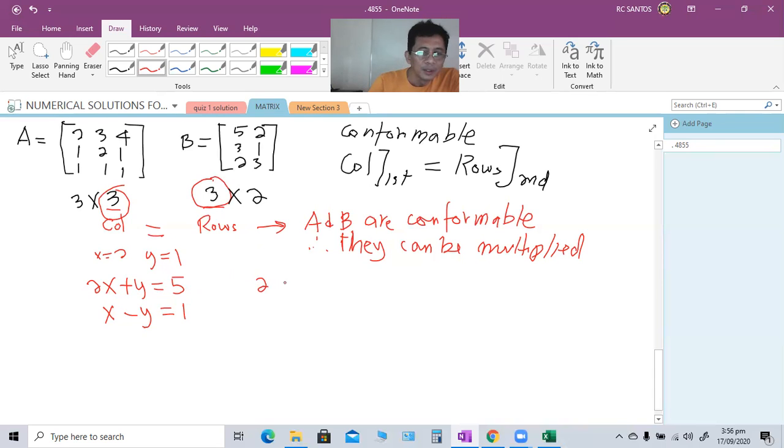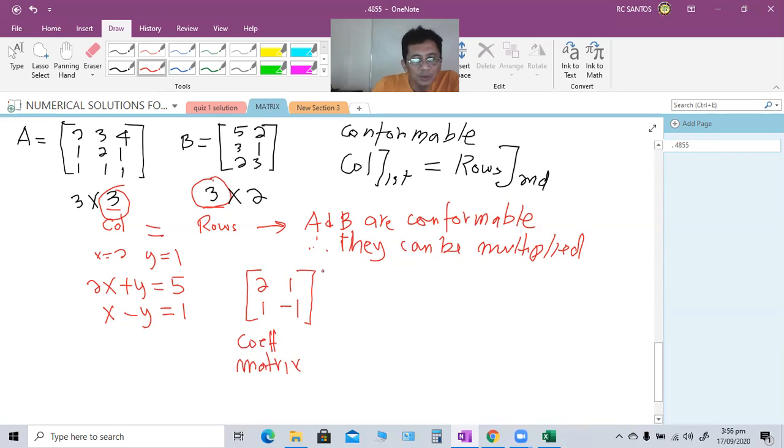So, then the coefficient of y is 1. So naman, the coefficient of the second equation is 1. The coefficient of this is 1. So this is our coefficient matrix. Ang tawag natin ito, coefficient matrix.